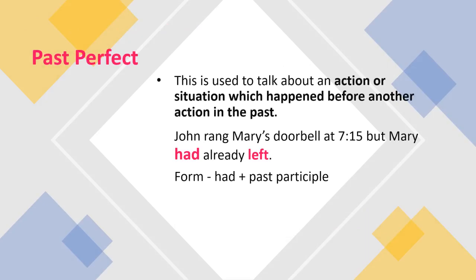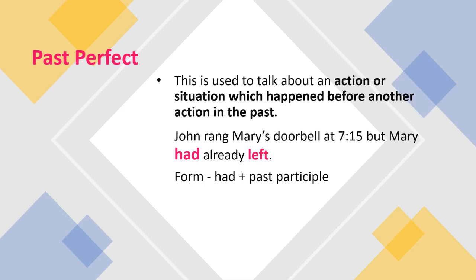Let's move on to past perfect tense. This tense is used to talk about an action or situation which happened before another action in the past. For example, John rang Mary's doorbell at 7:15, but Mary had already left.